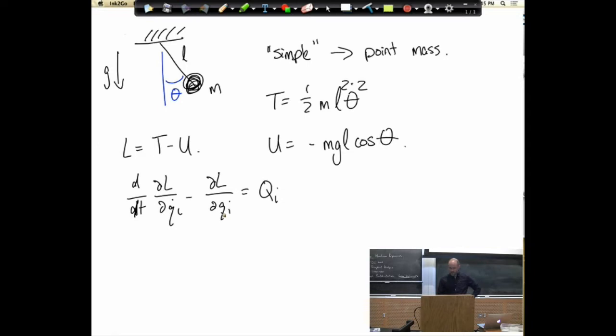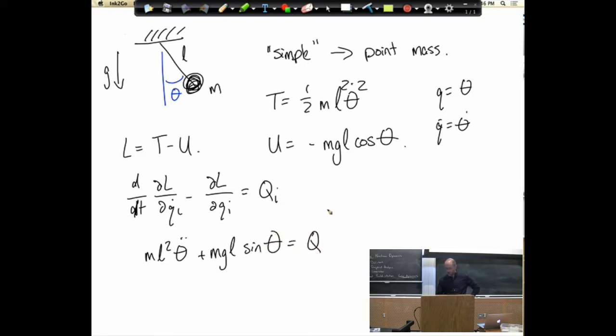In this case, we just have one q, right? So our q is theta and q dot is theta dot. And we get out the equation of the pendulum, which gives us ml squared theta double dot plus mgl sine theta equals Q. Q is a generalized force, a force input in generalized coordinates.